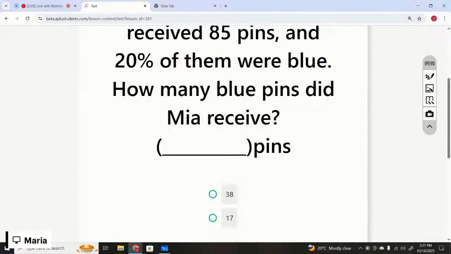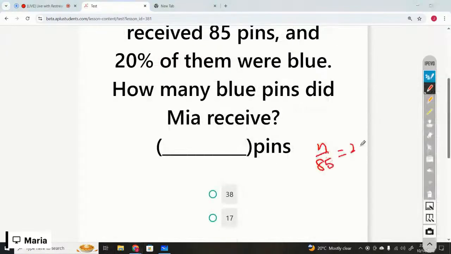So that is n over 85 equals 20 over 100. n equals 20 times 85 over 100. So 85 times 20 is 1700 and 1700 divided by 100 is 17.